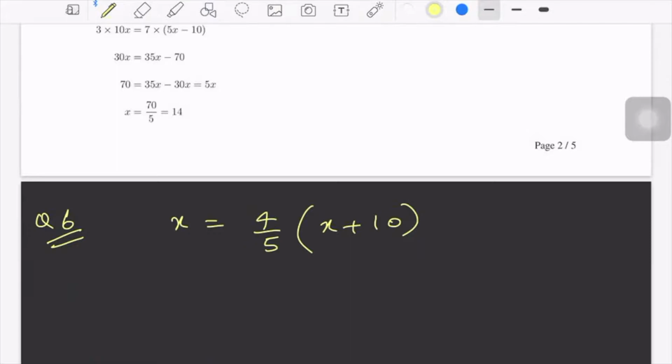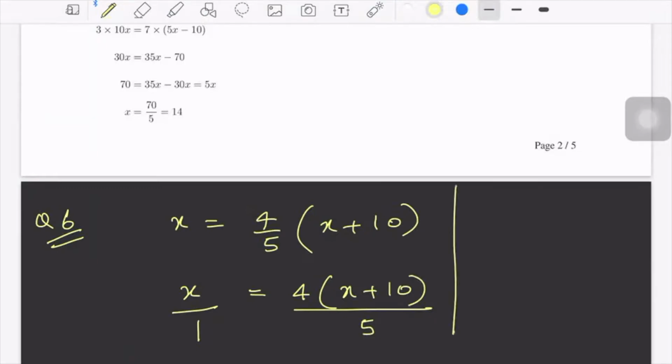Here, although it may look like there are fractions involved, it's actually a problem involving cross multiplication. You know, the RHS is actually 4 into x plus 10 divided by 5. And the LHS is actually x by 1. Right?